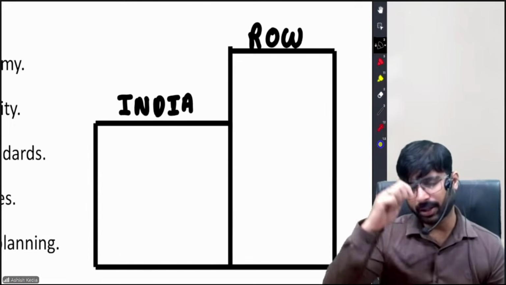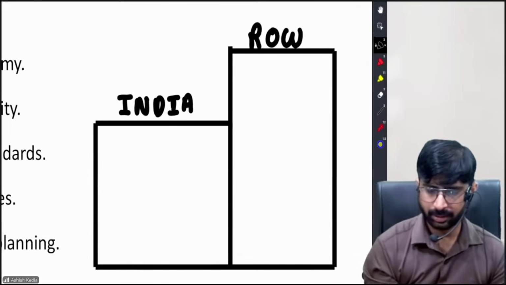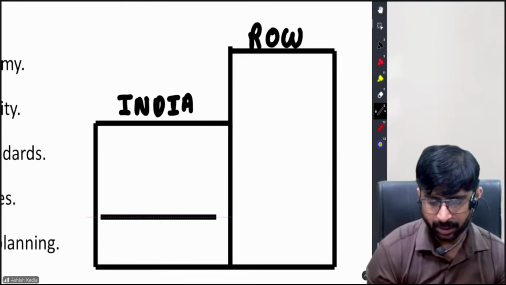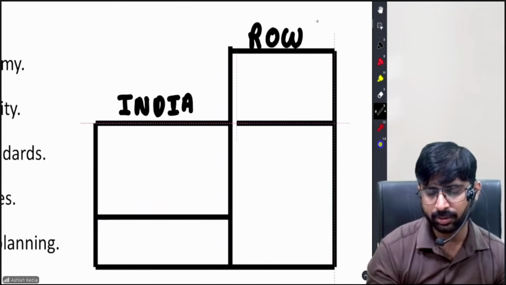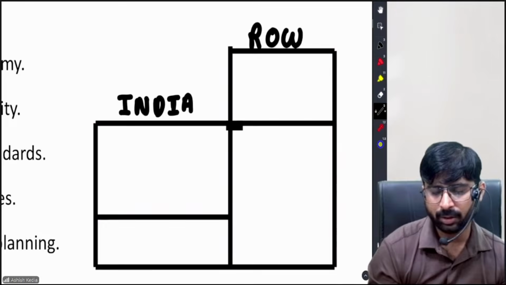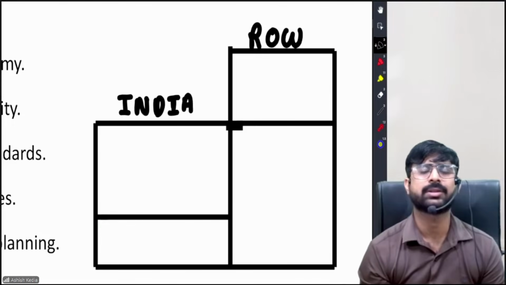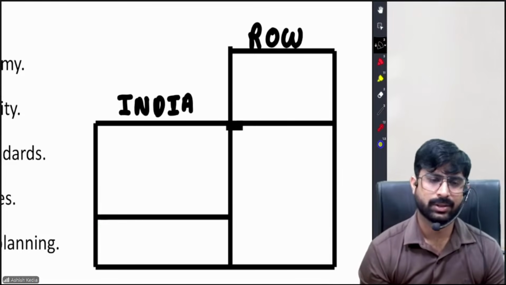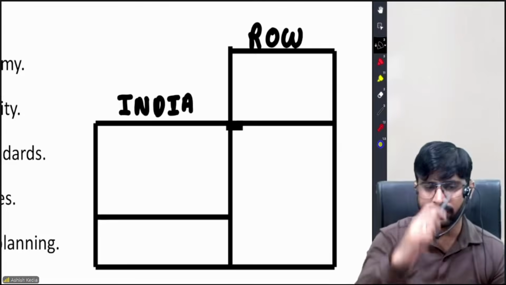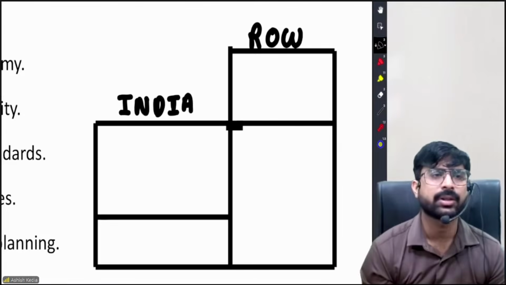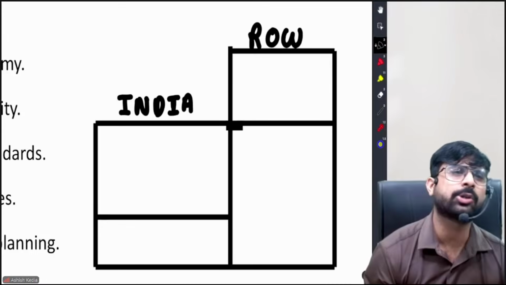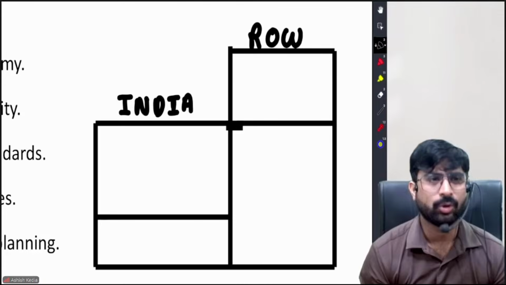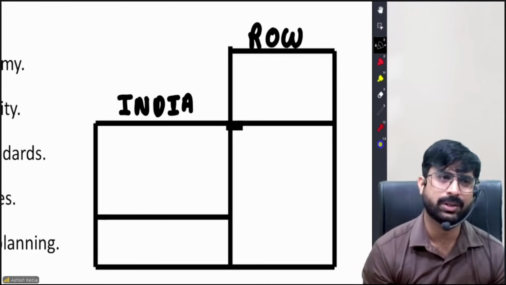Friends, in India, there are two kinds of people buying goods and services. In the rest of the world also, there are two kinds of people buying goods and services. Who are the two kinds of people?